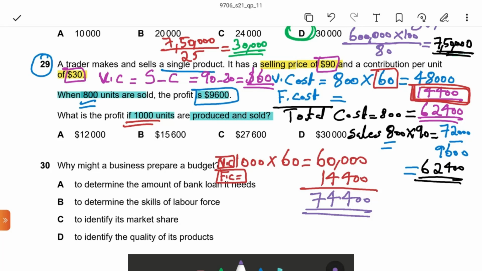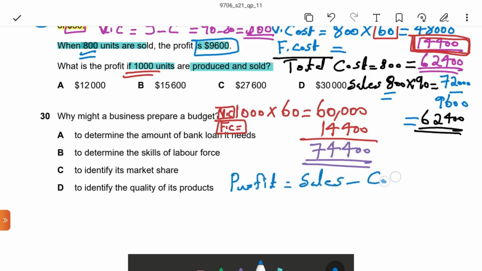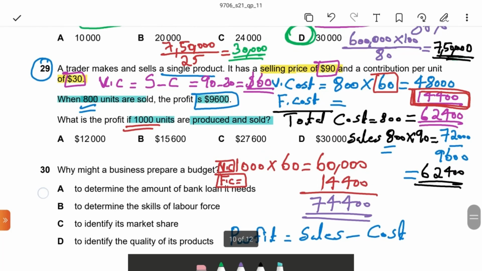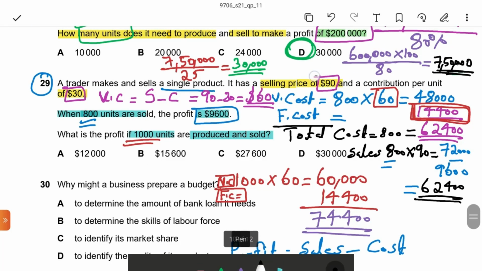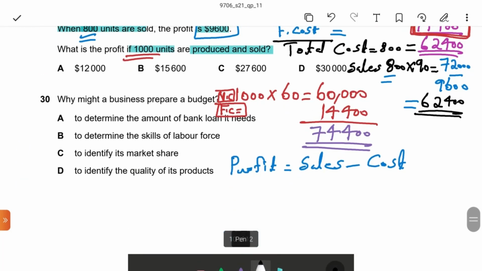Here they are asking the profit. To produce 1000 units, profit is equal to sales minus cost. How to calculate sales? Selling price is given in the question, 90. So 1000 into 90 minus our cost.